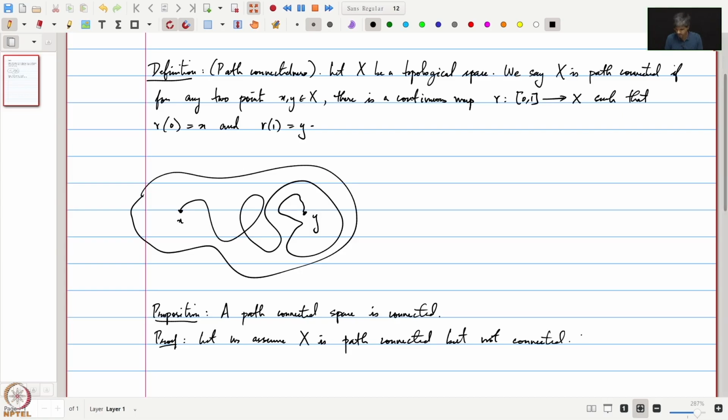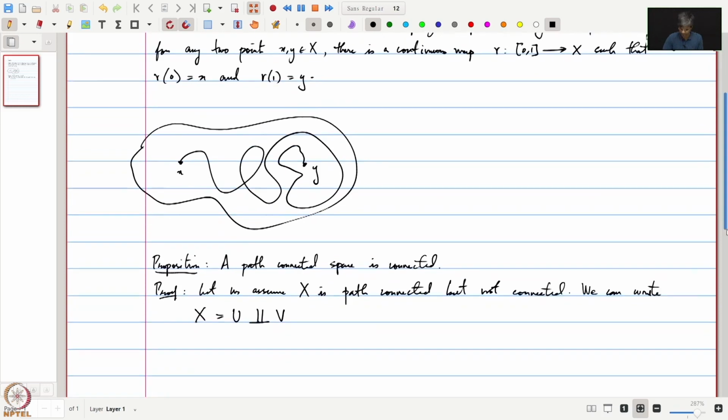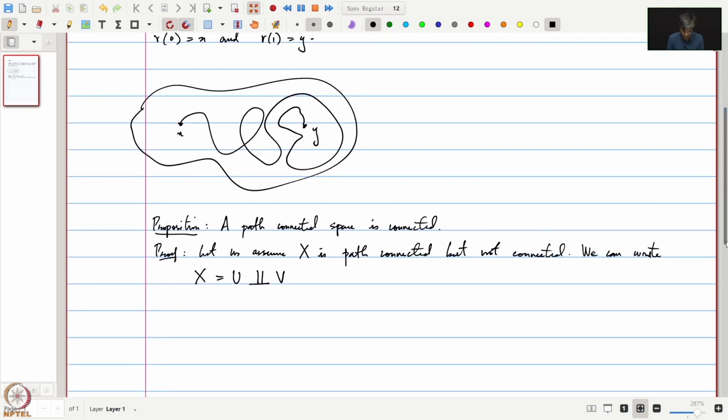Right, then since it's not connected, we can write X as a disjoint union U disjoint union V, where U and V are non-empty open subsets.